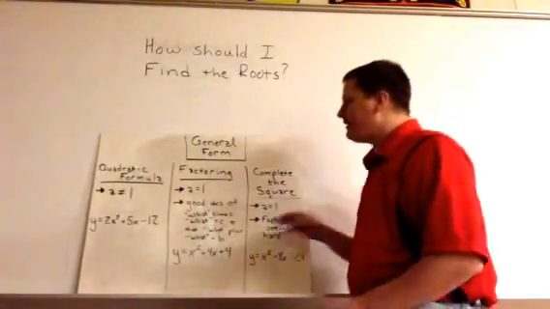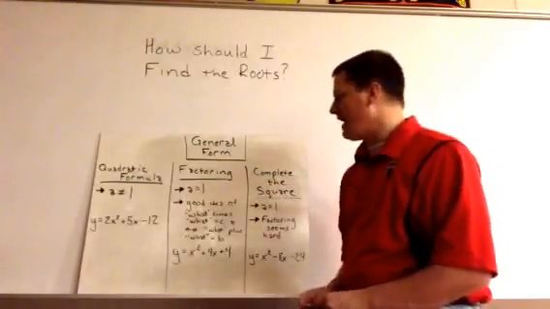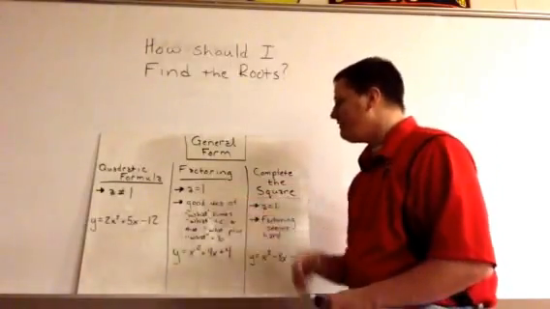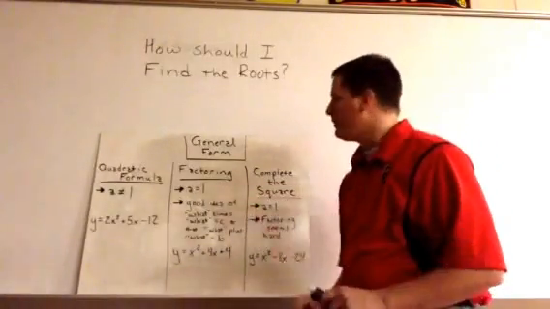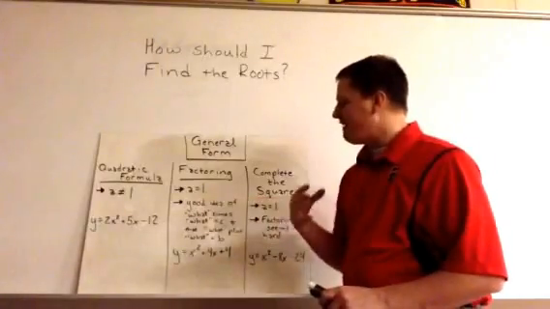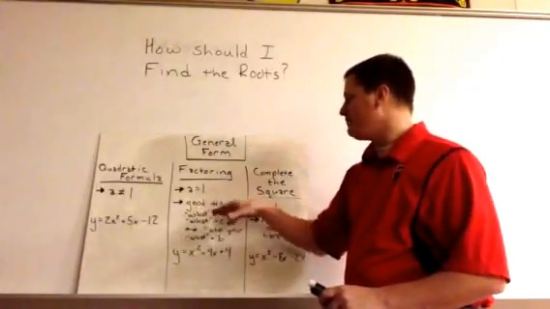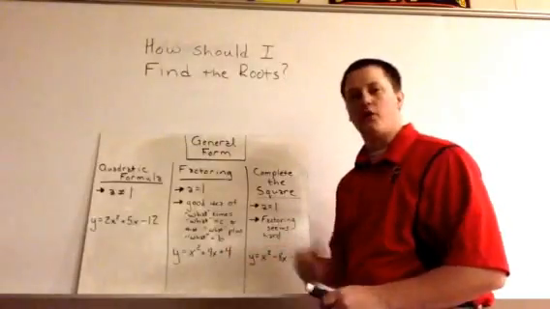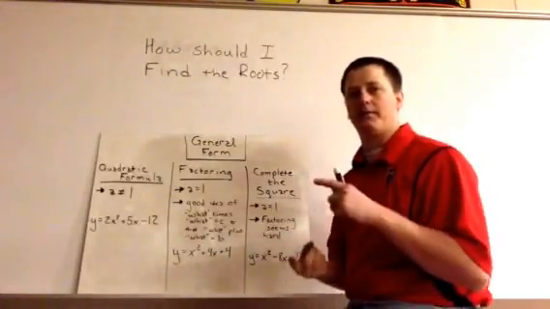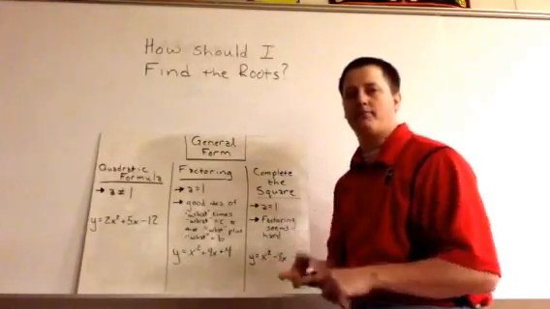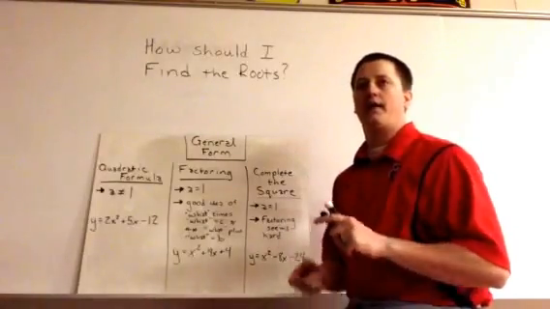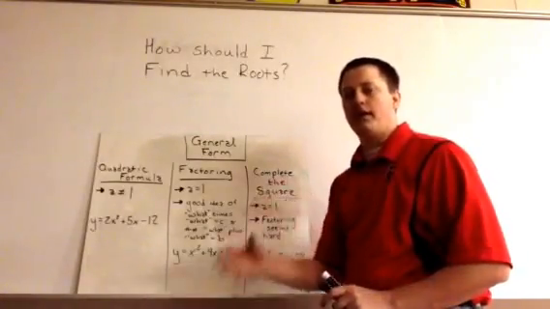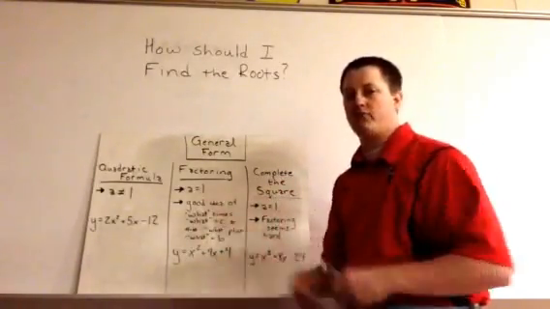Okay? For factoring, again, I look for, does it have an a equaling 1? And then, this is kind of a weird one to explain, but if I have a good idea of what times what is going to give me my c value, so here I have plus 4. So I know that a positive 4 comes from 2 times 2, 1 times 4, 4 times 1, negative 1 times negative 4, negative 4 times negative 1, negative 2 times negative 2.